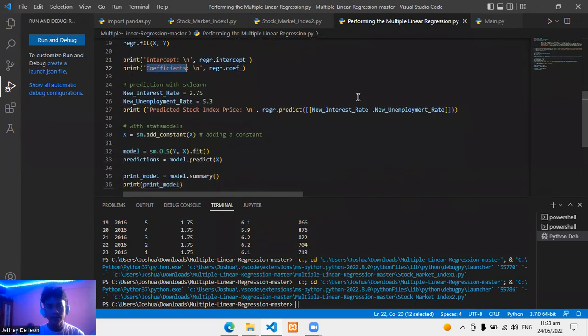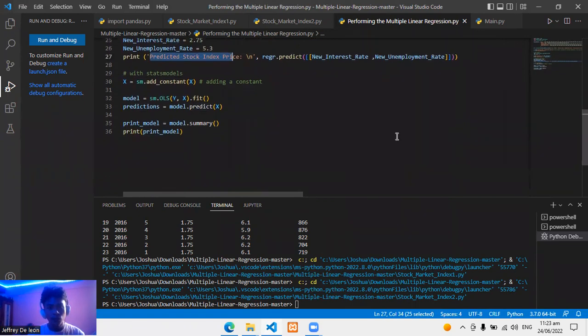And the second part is to predict the stock index price. And also by using the stat models, which is used to have additional insights for checking our intercept and coefficient if it is true.